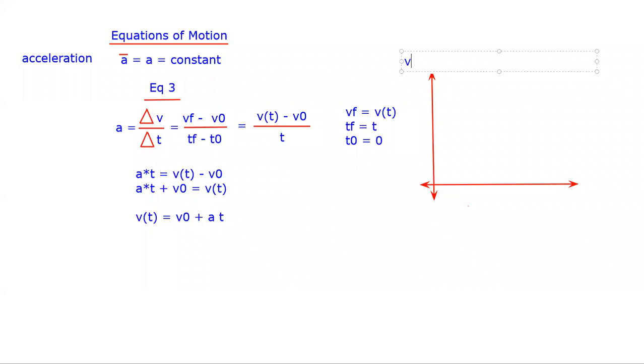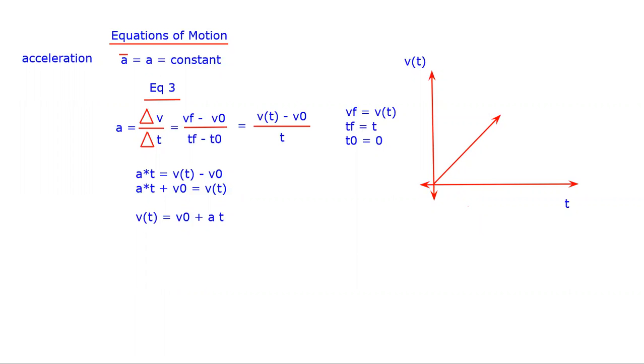So I'll draw that out real quick there. That's V of T, and this is T. We have some arbitrary velocity function there. And actually, we know that the acceleration is constant, so the velocity is actually going to be linear in this case.